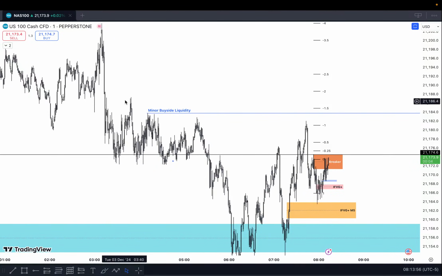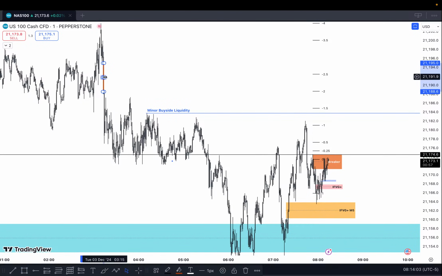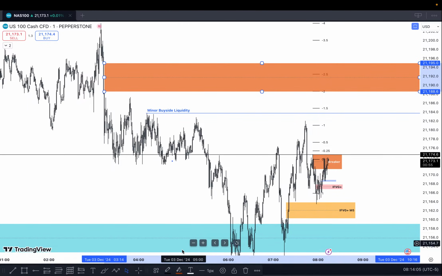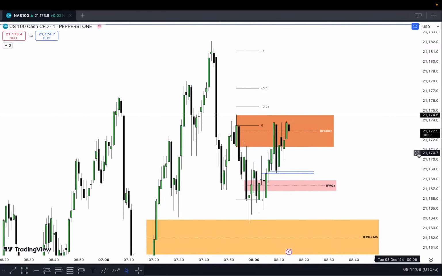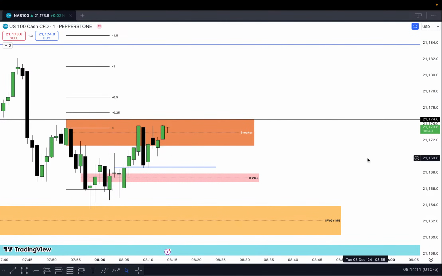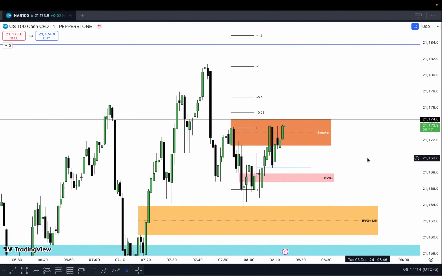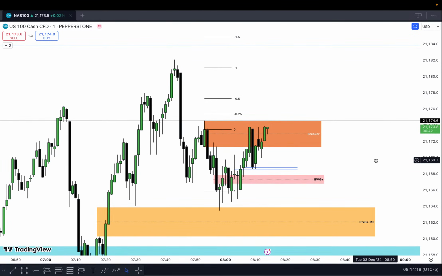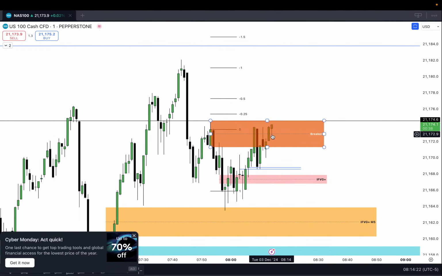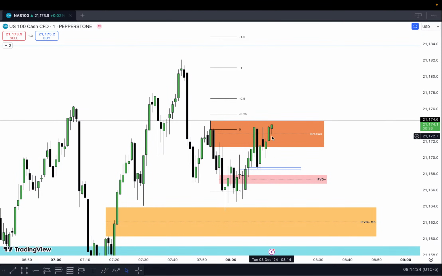I think it will attack this buy side, and here is a nice gap, no? This is a nice gap from London session, which should be traded on Nasdaq. So that's a nice drawn liquidity for us. If a fair value gap gets created here, that will be a good thing.